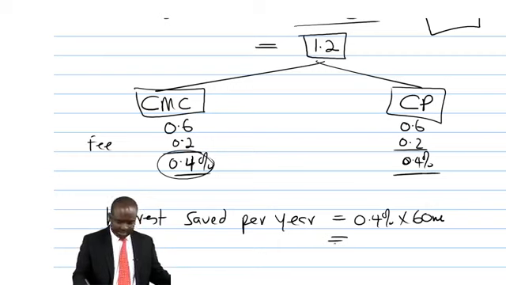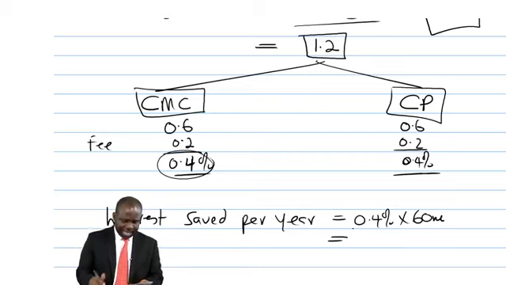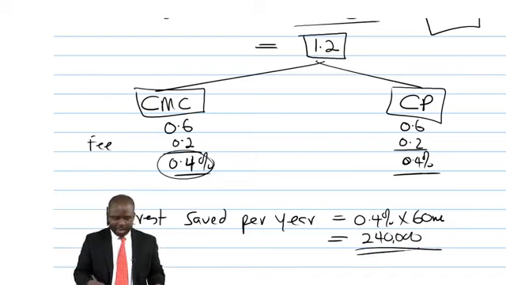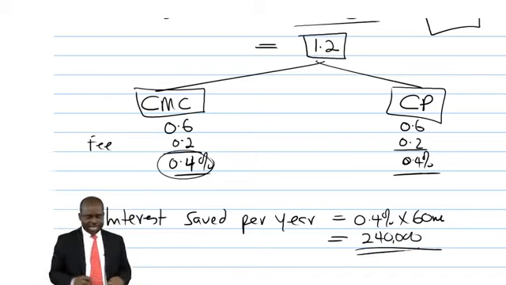And how much is that? So 0.4 divided by 100 times 60, and that is going to be 240 CHF every year. Okay, this is what the examiner wanted.